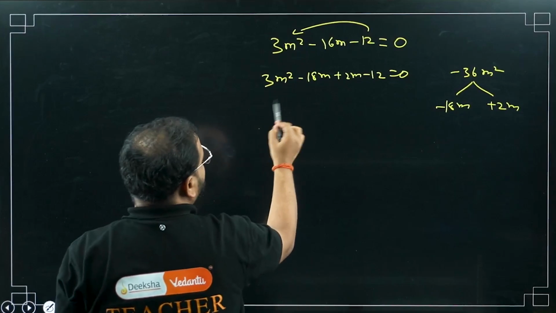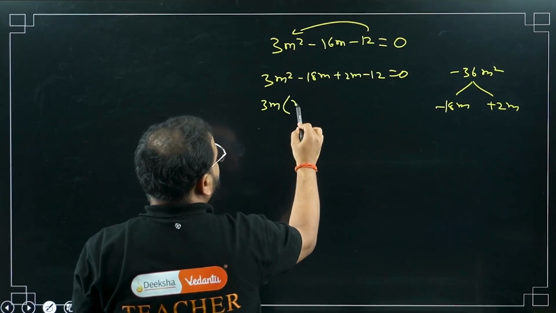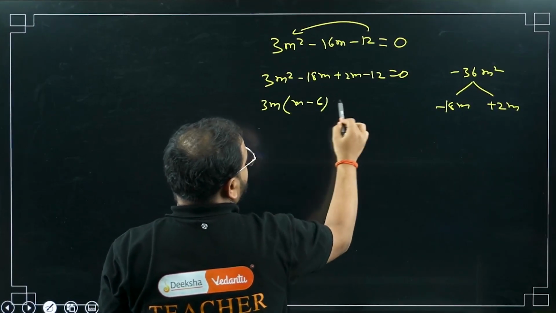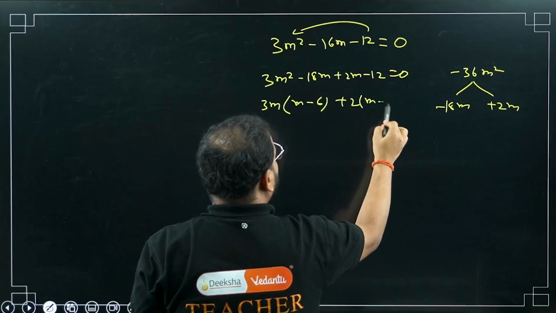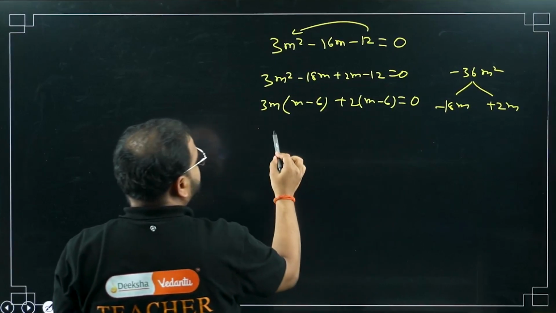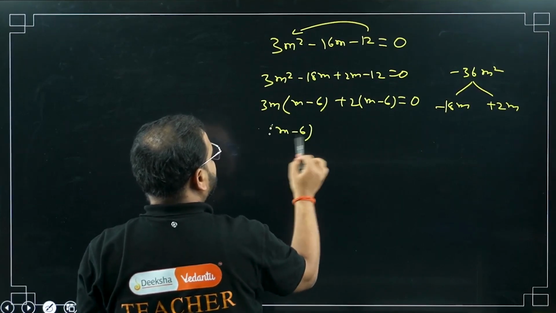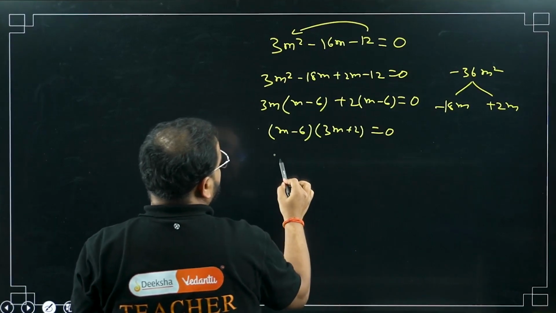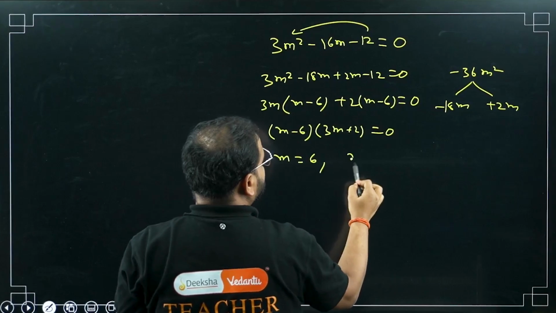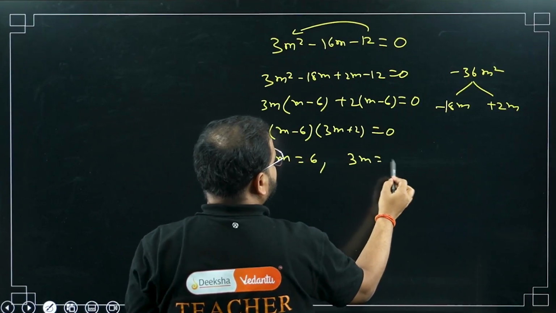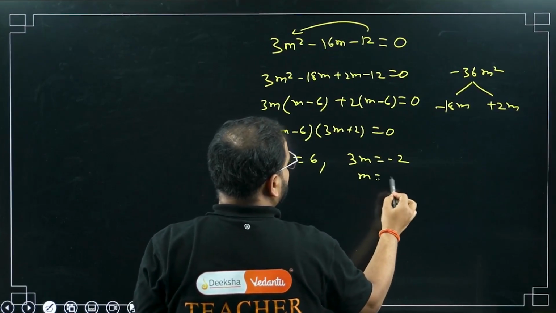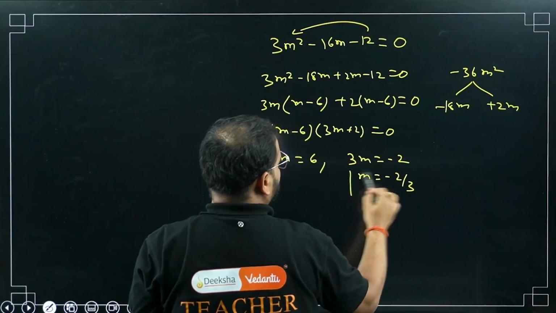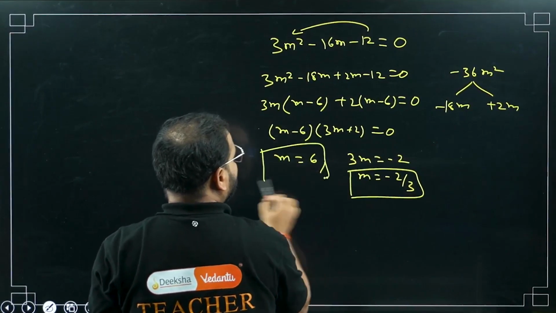Take 3m common here, so 3m(m minus 6), and take 2 common, (m minus 6) equals 0. So I get m minus 6 equals 0 and 3m plus 2 equals 0. I get m as 6 and m as minus 2 by 3. So both answers are there, 6 and minus 2 by 3.